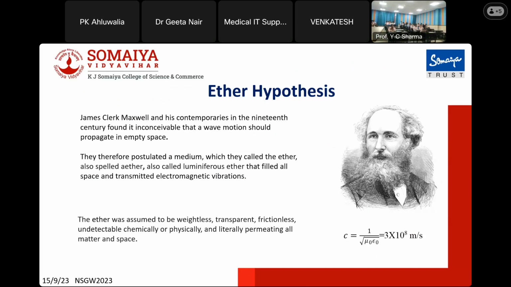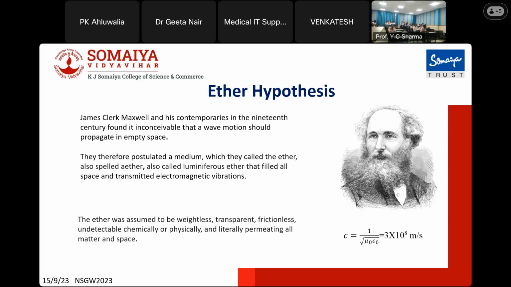On top of it, ether was given some unusual properties: it was weightless, transparent, frictionless, undetectable, chemically or physically. We are not able to see it. And it is something which is literally permeating all matter in space. It had zero density and it is a perfectly transparent material.